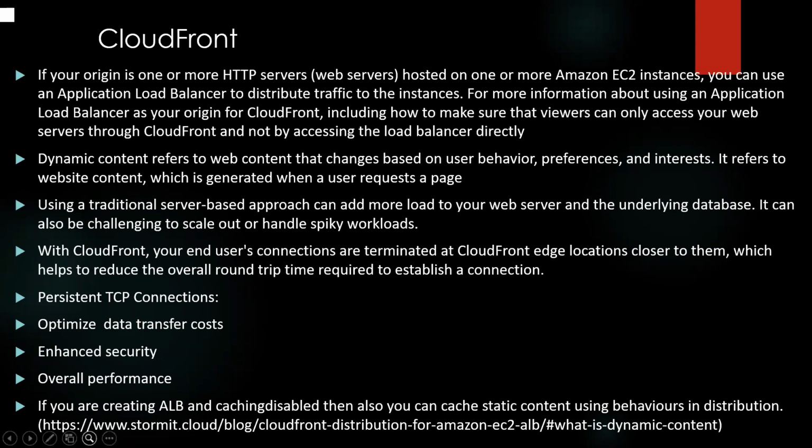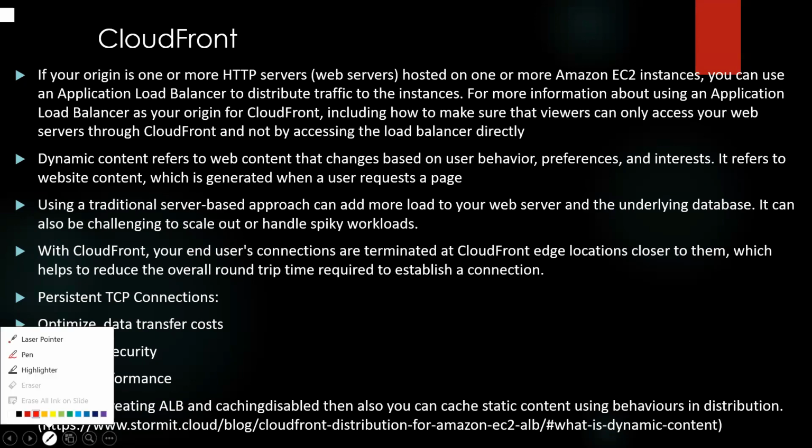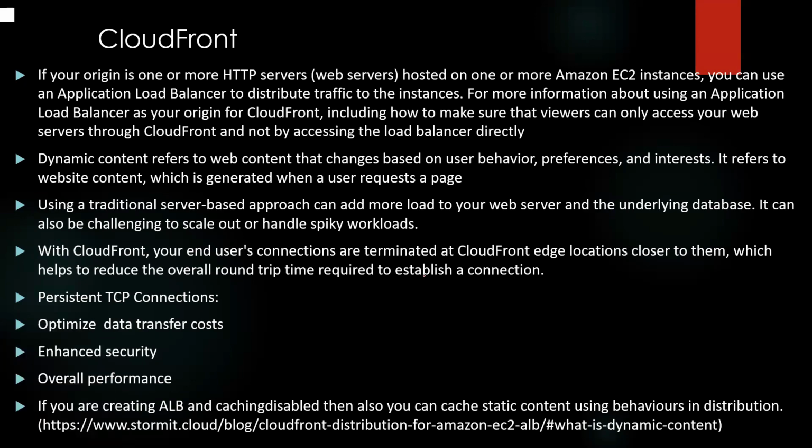Let me explain with an example. Let's say this is a user, and this user is sending a request or hitting a server which is available. This is my EC2, let's imagine this is my EC2 server.